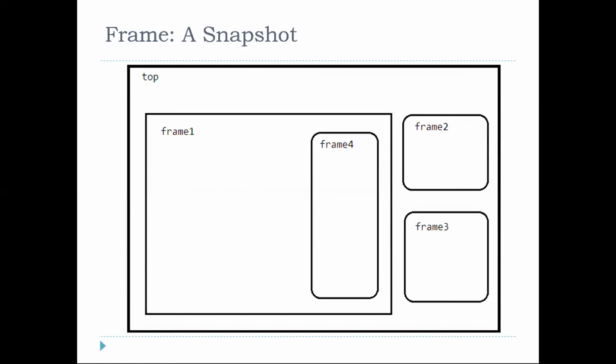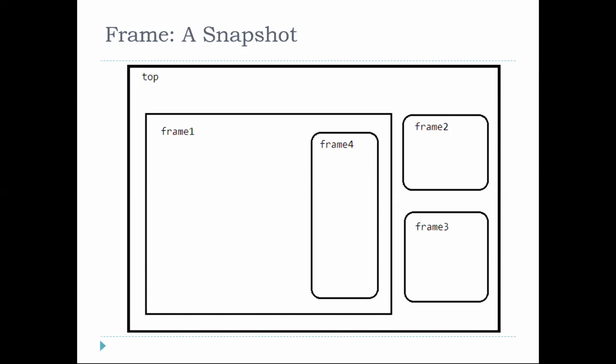All the frames? No, we can only find the frames that are just inside it. Within the top frame, we can see frame 1, frame 2, frame 3. Frame 4 is not visible.